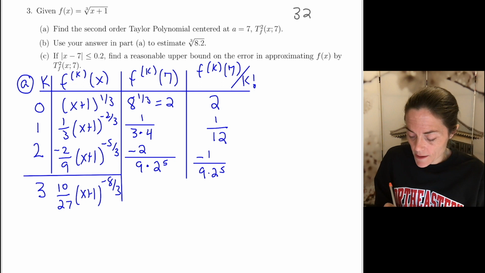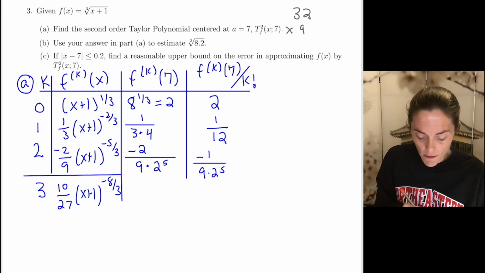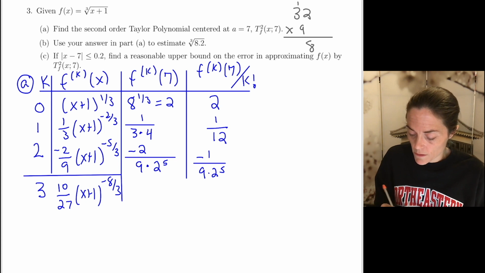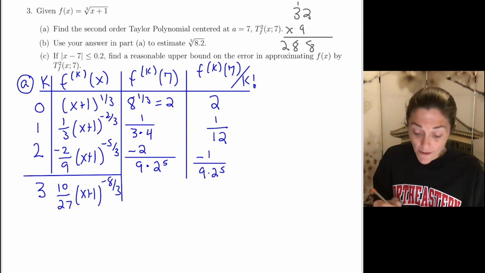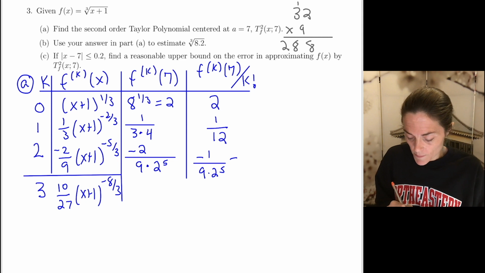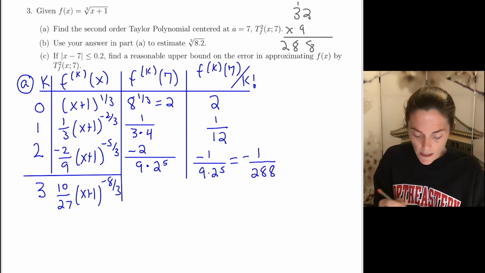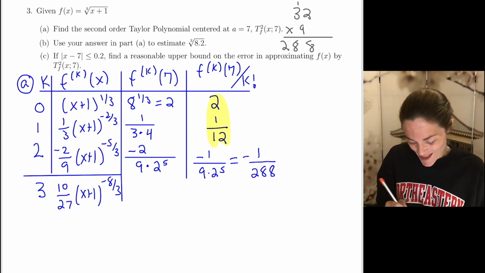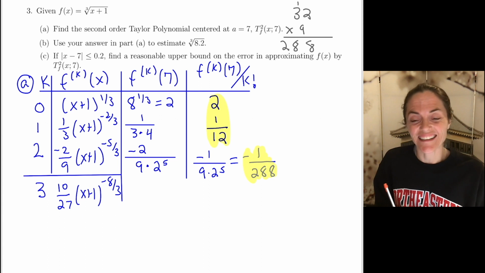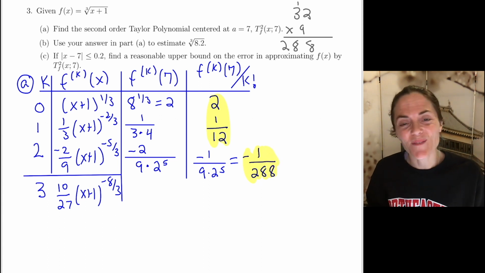So let's multiply 32 times 9 to figure out what we have here. We have 288 in the denominator. So this is minus 1 over 288. These are my coefficients. And that's a small fraction, minus 1 over 288, but it's fine. It is part of our polynomial.